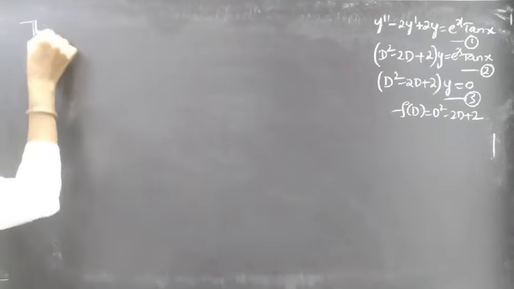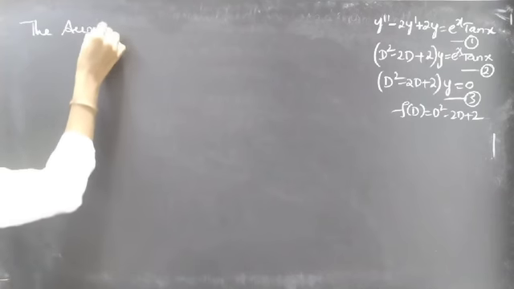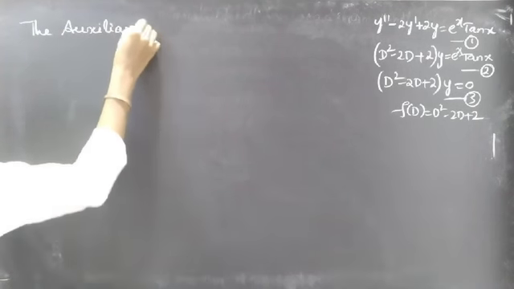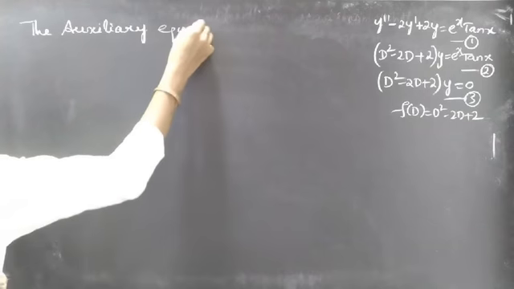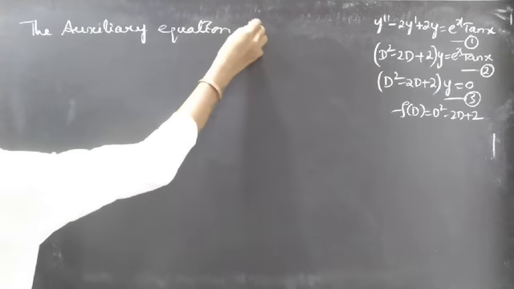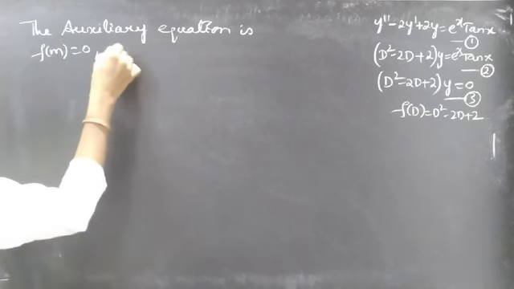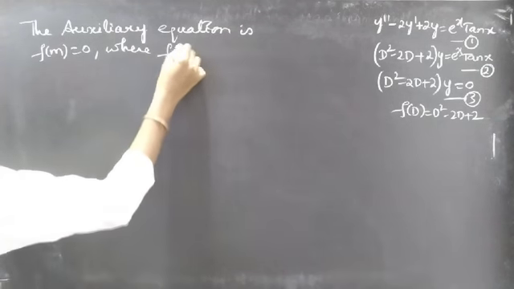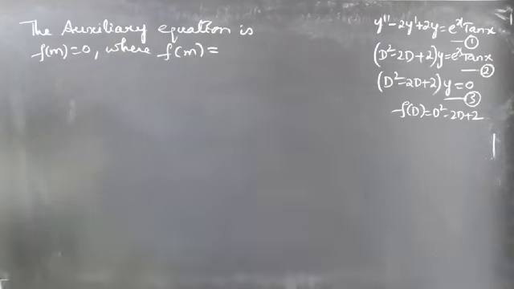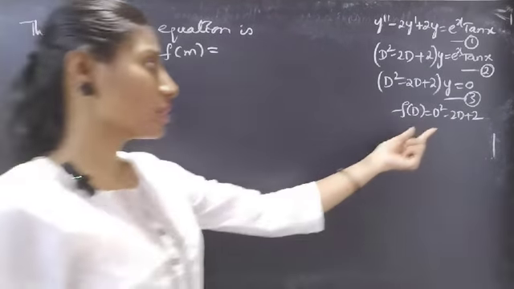The auxiliary equation is f of m equal to 0, where f of D is D square minus 2D plus 2.